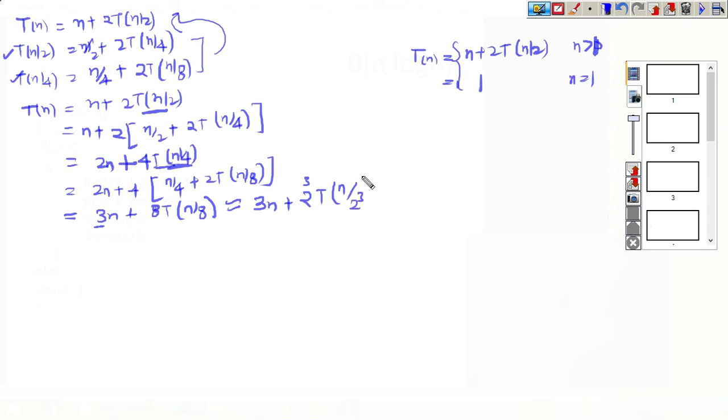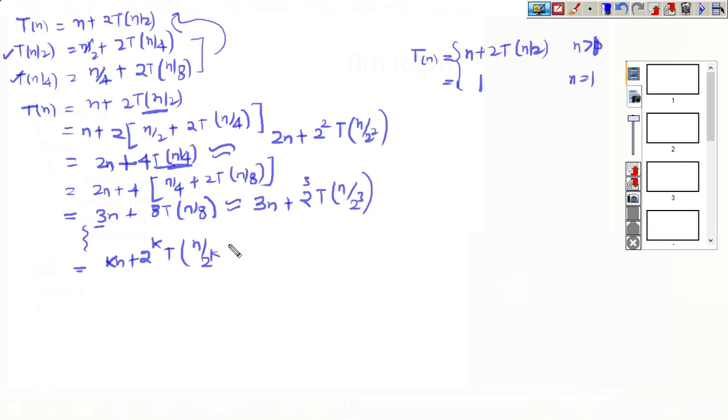Also, you can write this term here as well, the second iteration, as 2n + 2^2 T(n/2^2). So we get our general term. That means if I keep on expanding, our general term is kn + 2^k T(n/2^k).